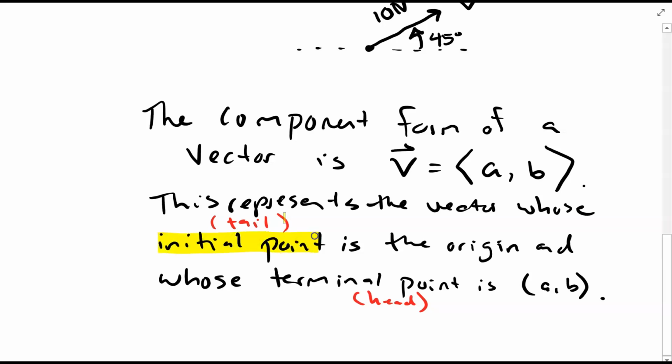When we talk about the initial point of the vector, that's the tail end of our arrow. And the terminal point of the vector is the head of the arrow.